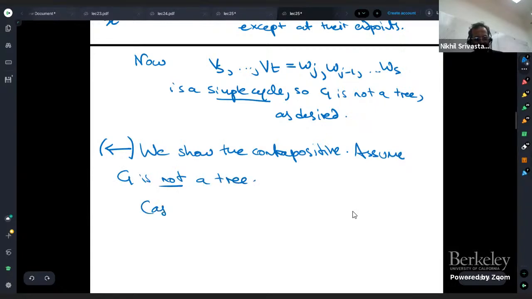There are two possibilities. One is it's not connected. So if G is not connected, there's some pair of vertices without a path, so it doesn't have a unique path.